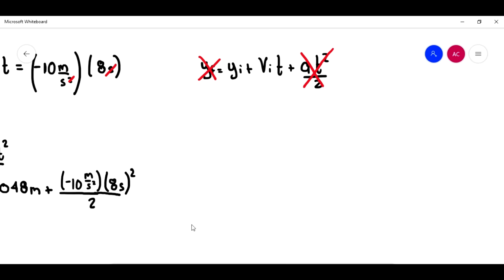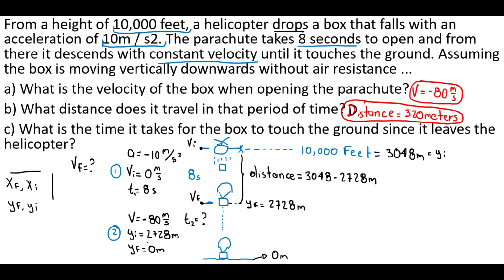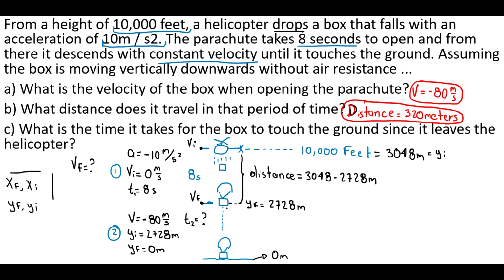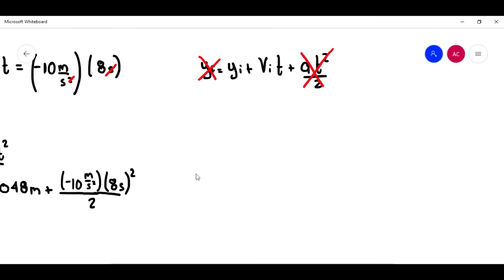The final position will be 0, so this one is 0. And from this one, I need to find the time. I got the initial position, that is going to be 2728. The initial velocity is going to be the same velocity for all the second segment, and the time. So this formula will be 0 equals initial position plus initial velocity multiplying time. I'm going to take this to the left, so it's minus initial velocity multiplying time equals initial position.